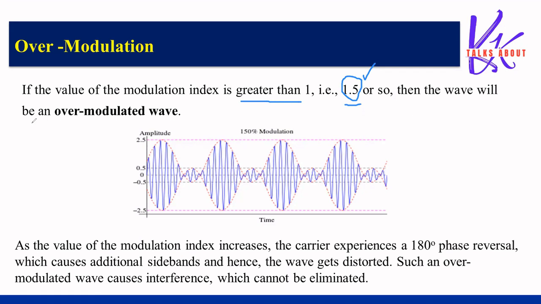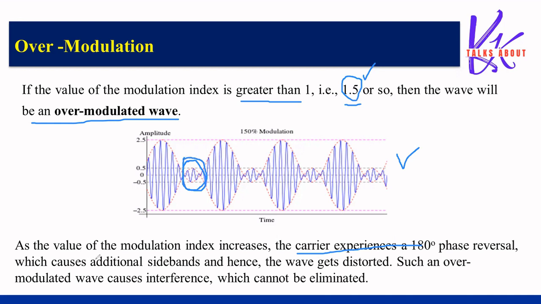Then the wave will be an over modulated wave, and the output will look like this. Here you observe that because of the increase in the modulation index, the carrier is experiencing a phase reversal.